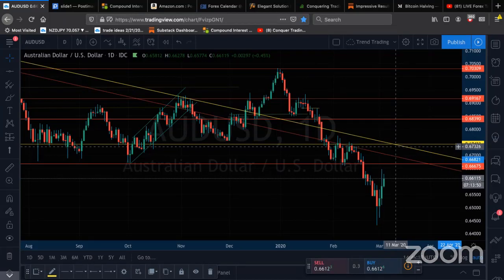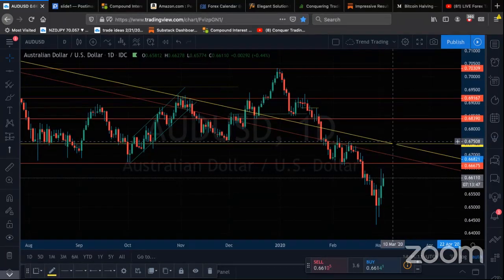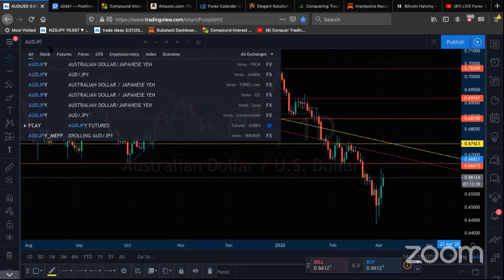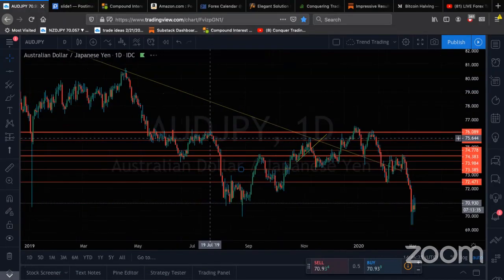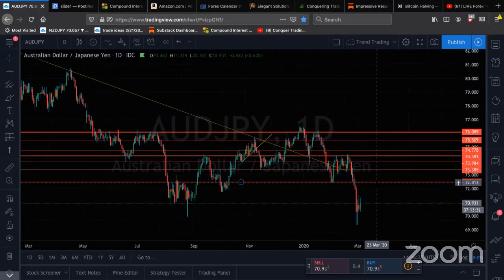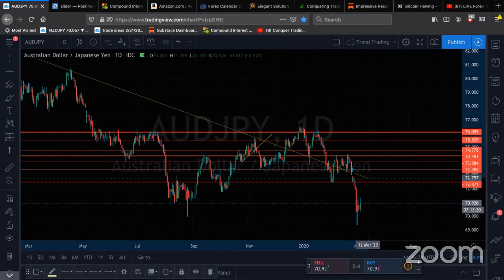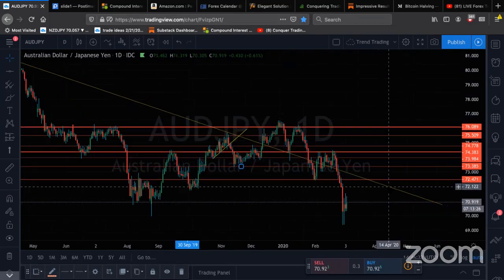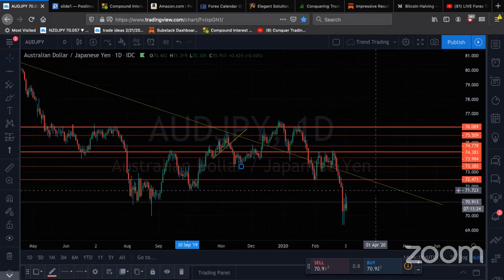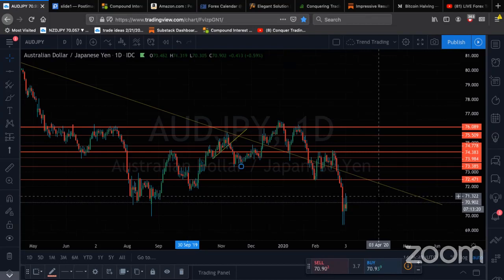But a break above these two and things looking good would have me getting long the Australian dollar US dollar, or perhaps the Australian dollar Japanese yen. I would prefer getting short the Australian dollar versus the Japanese yen right now, but not yet.